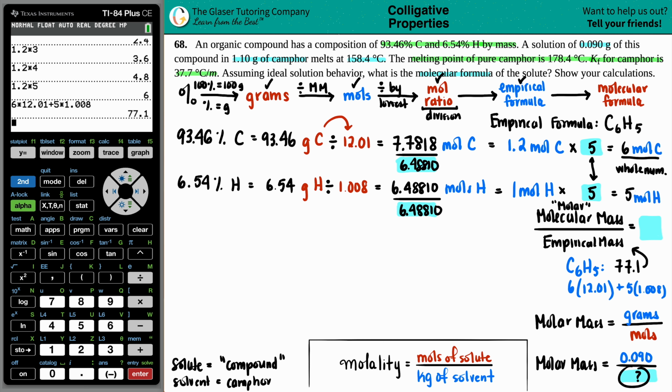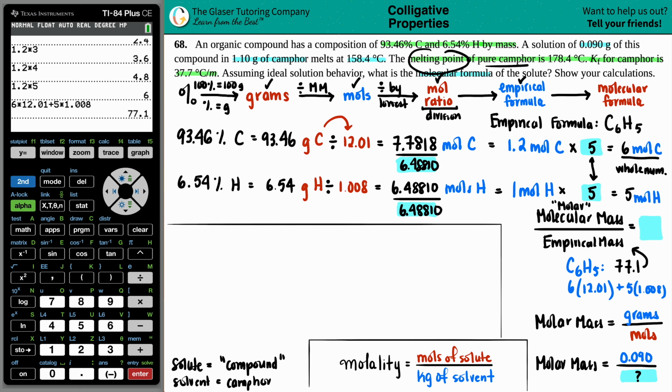So now where do we go from here? Well, maybe let's make a little box here, just so that we don't lose sight of where we're at. But now they're bringing in all this solution information. We still have to use the 1.10 grams of the solvent, the camphor, and they gave us a melting point, right?